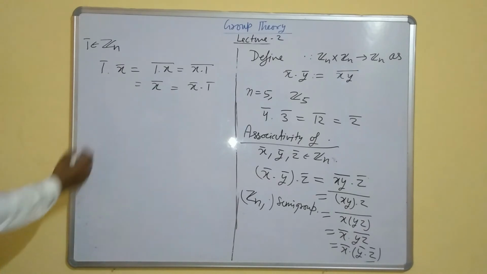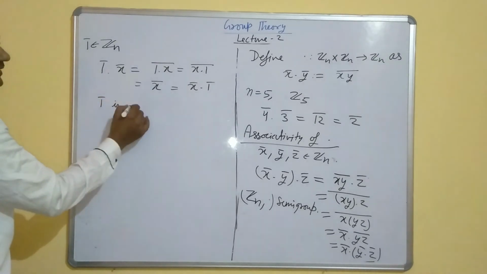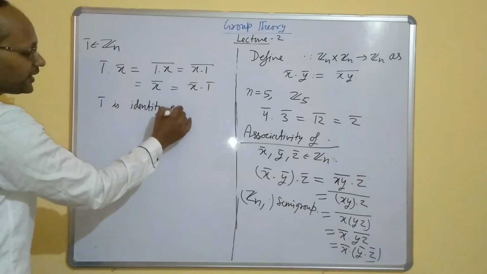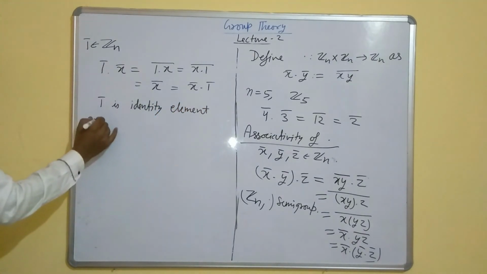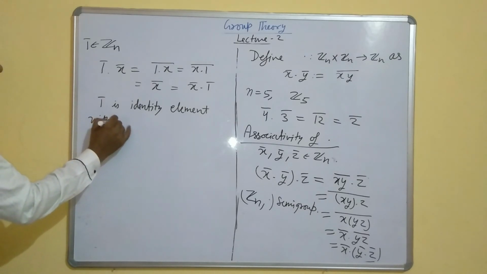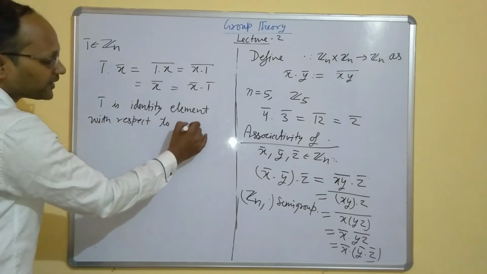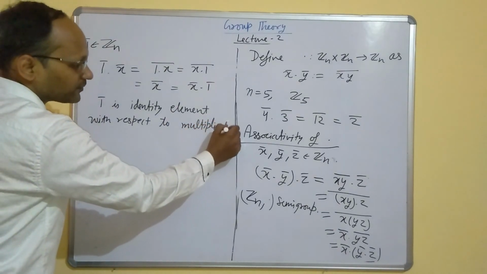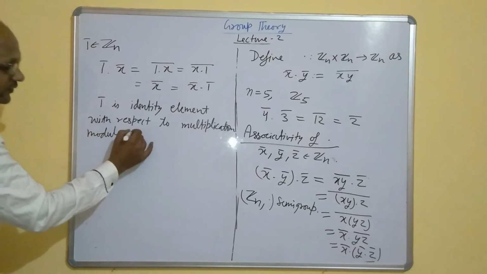So it means 1 bar is the identity element with respect to multiplication modulo n.